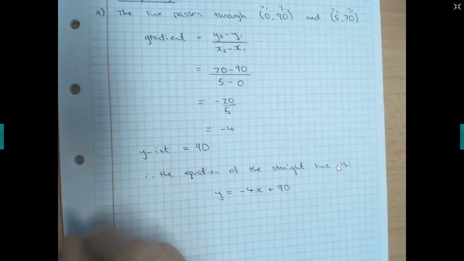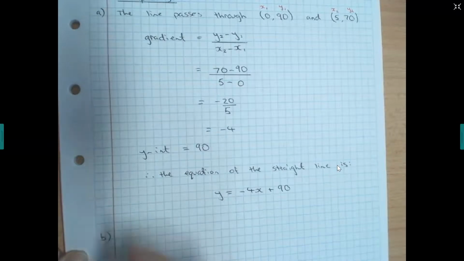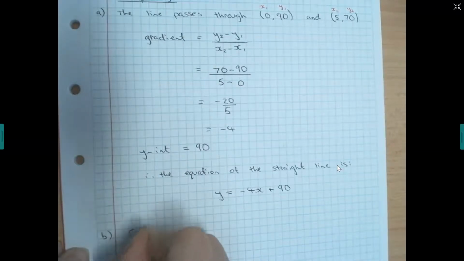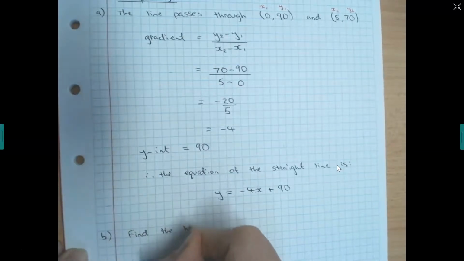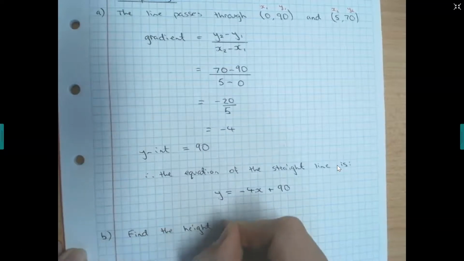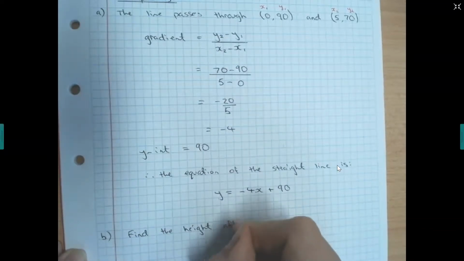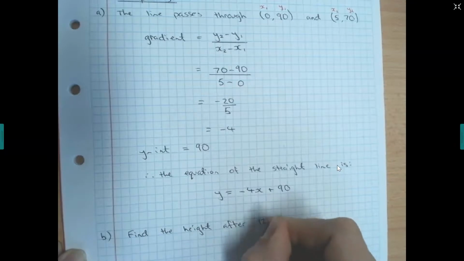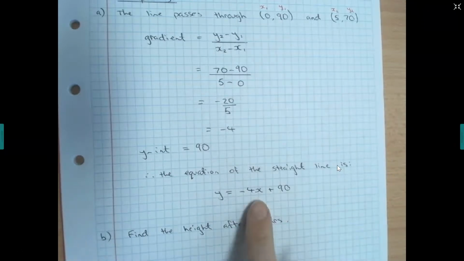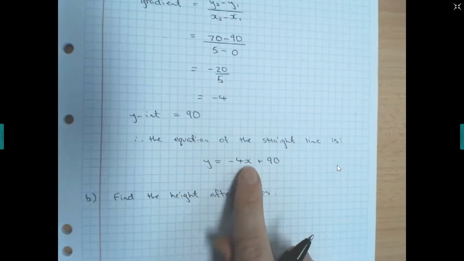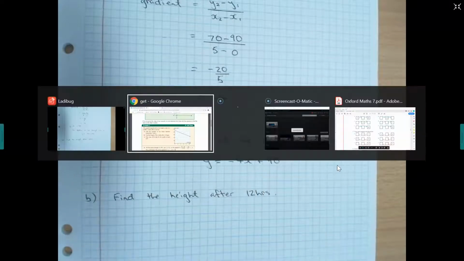So, part B, find the height after 12 hours. Now remember that x was representing the amount of time taken.